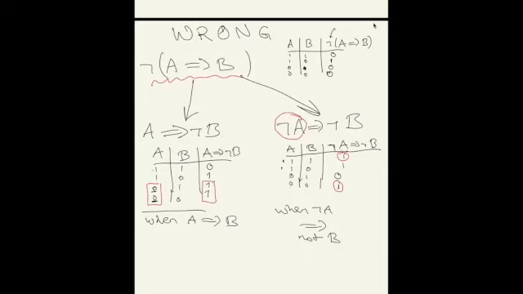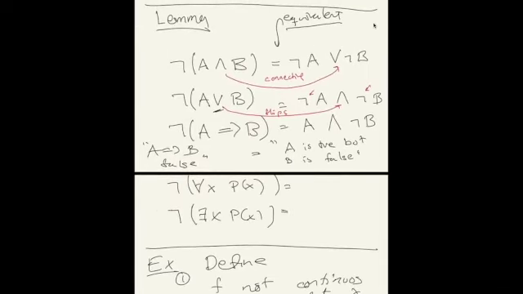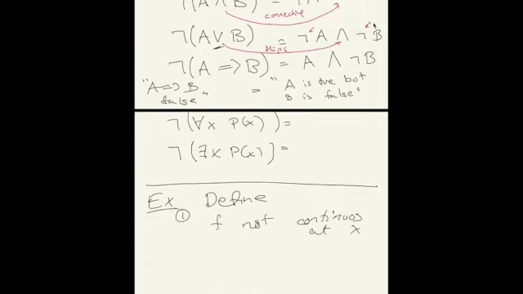So to get not of A implies B, the only correct version is what we gave here, that A is true, but B is false, because that is the case when the implication actually gives you a false answer.